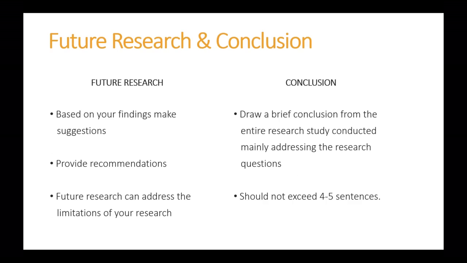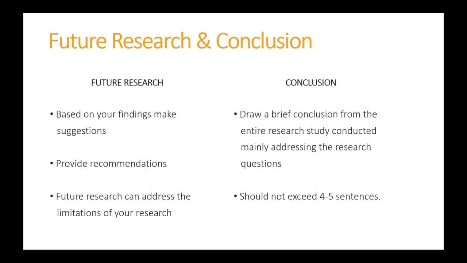And lastly, you have to write about future research and conclusion. So when you write about future research, you can talk a little bit about, based on your findings, you would like to make some recommendations to people who are in future going to do research on the same topic. And you can also use the limitations of your research to write the specific section, and then you can say that future studies should address the limitations that were found in this study.